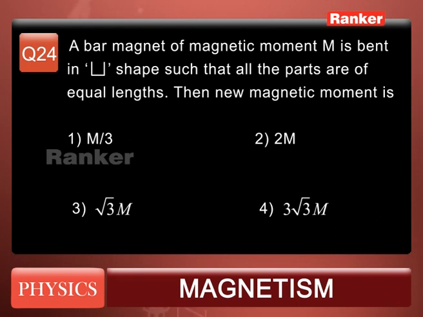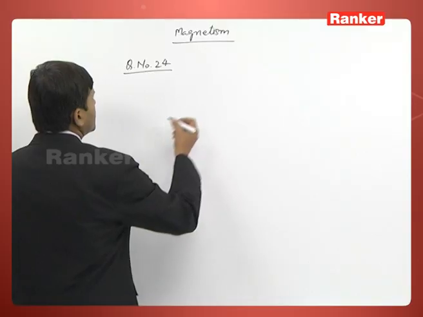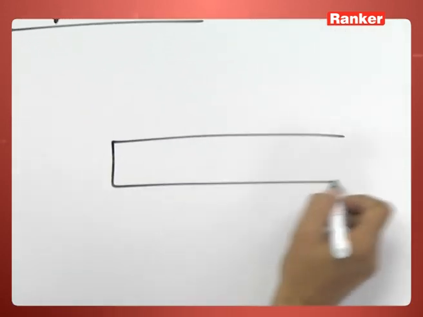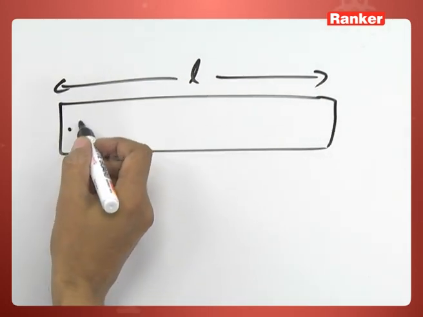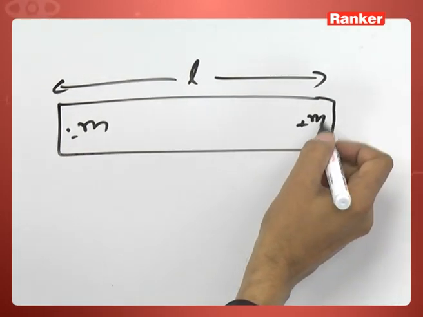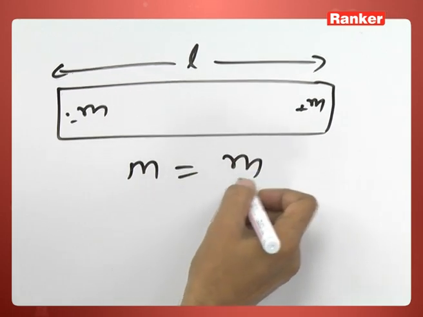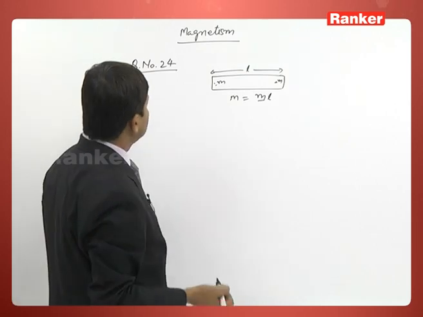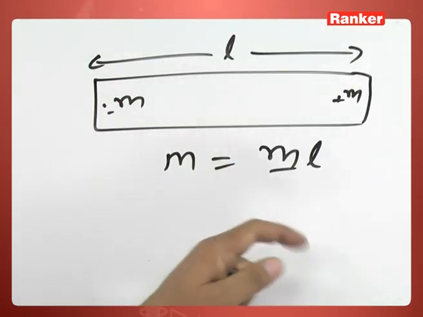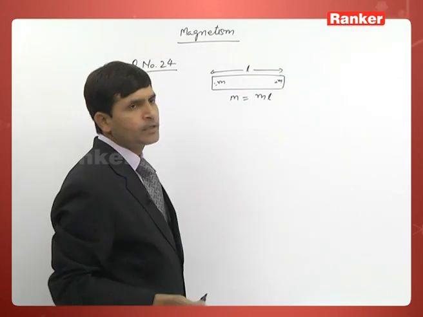The new magnetic moment is: first option M by 3, second option 2M, third option root 3 M, fourth option 3 root 3 M. See, initially a bar magnet is given, length here L, this is the pole strength minus m, plus m, and the magnetic moment here is m into L. This is the pole strength, and the magnetic moment M can be written as small m into L.